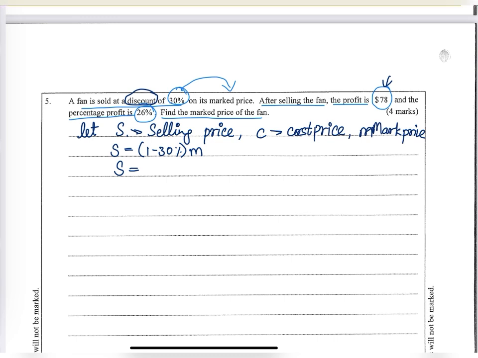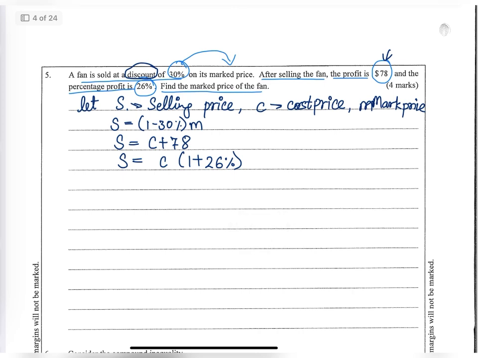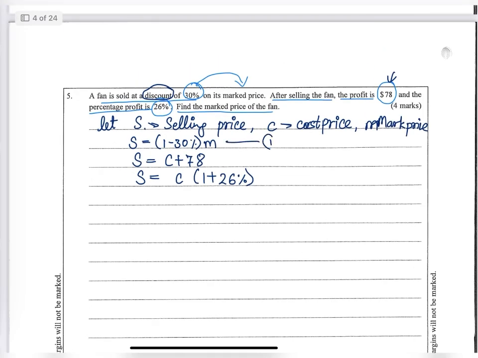So the selling price is cost price plus 78. Then they said the profit percentage is also 26%. So S, we can write as cost price and its profit, so that is 1 plus 26%. Now we have three equations, and all three are in terms of the selling price. So we can put any two together to get the equations.